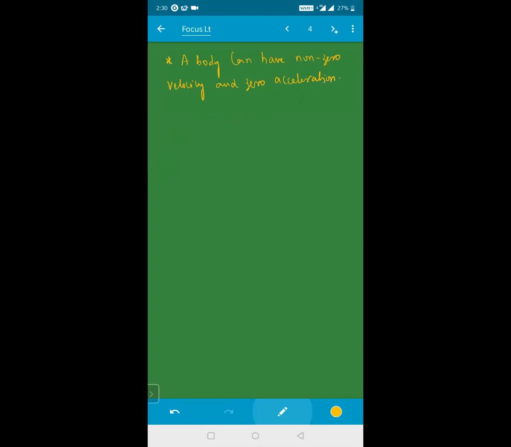I hope you are clear with this one. A body has non-zero velocity and zero acceleration, that means the body is moving with a constant velocity. For example, we can take a train. If a body is moving with constant velocity, the initial velocity is v and the final velocity is also v.